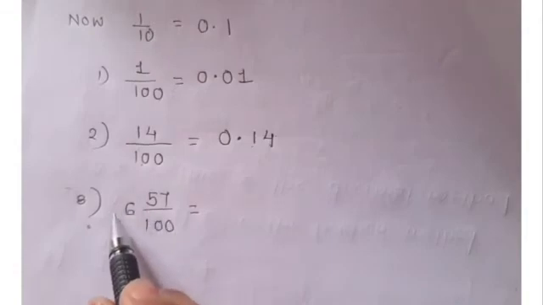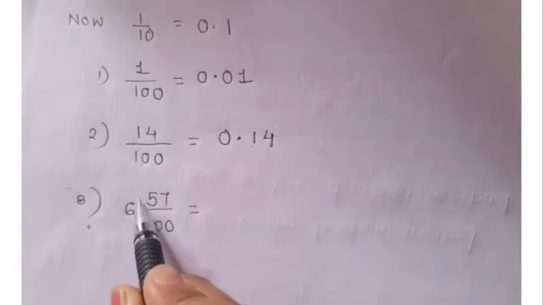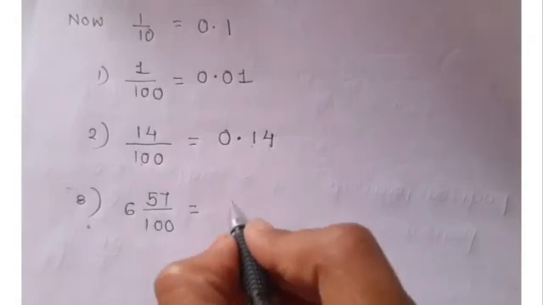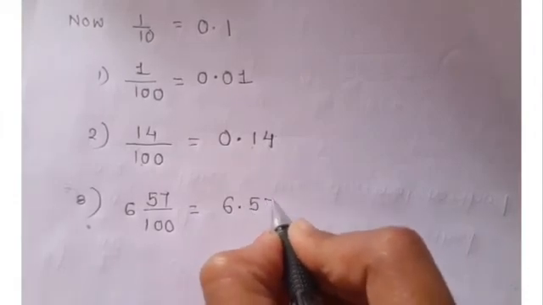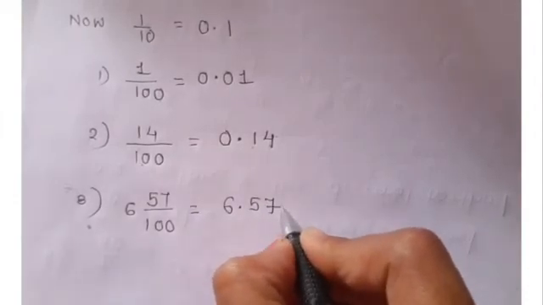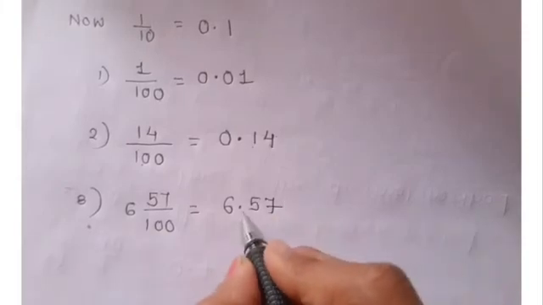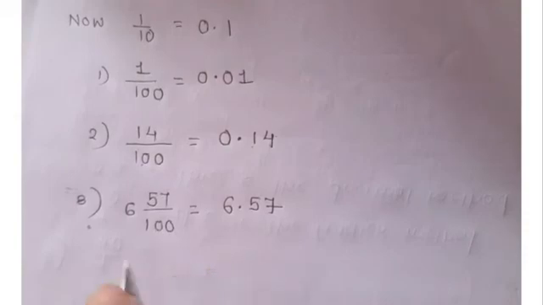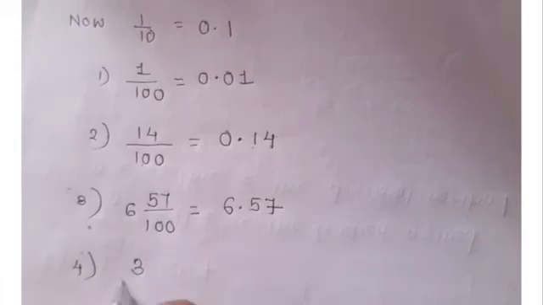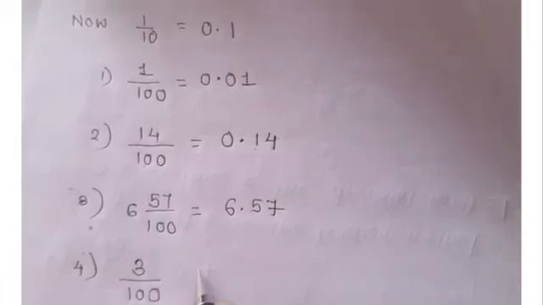Here 6 is the whole number, 6.57. Now how will you read it? You will read it as six point five seven and not as six point fifty-seven. 23 upon 100. How will we write it?